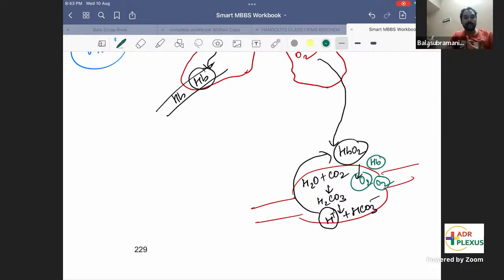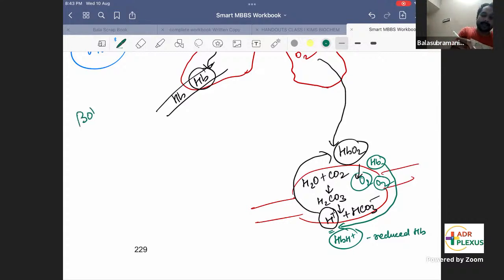But I told you Hb has a buffer action. So Hb feels that if this hydrogen ion accumulates in the tissues, it's going to disturb the pH. So this H plus is bound by the Hb. Now this is called reduced hemoglobin because it takes up the H plus.